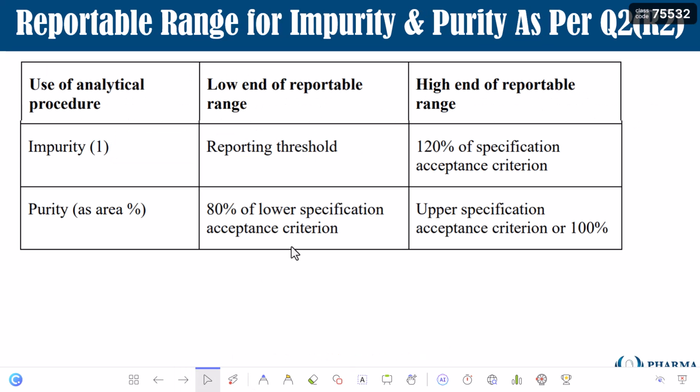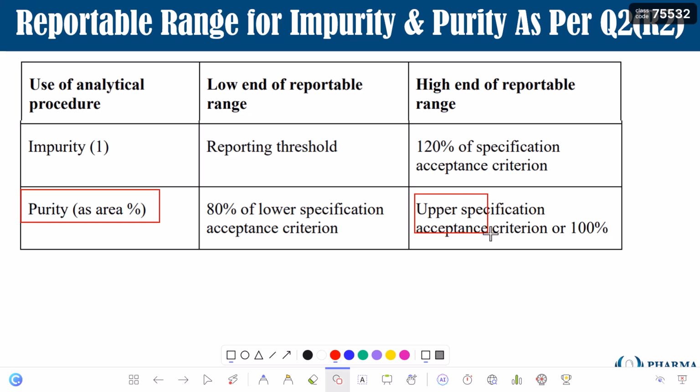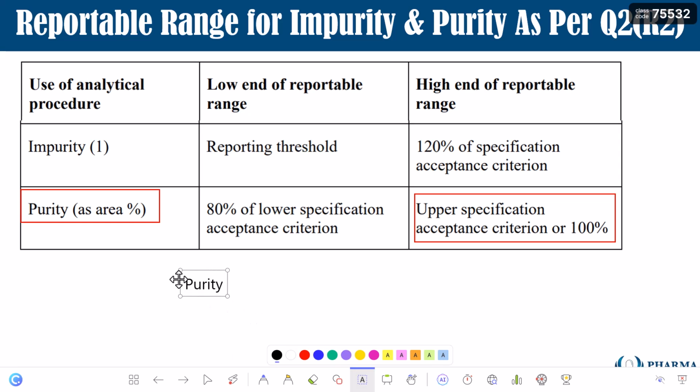Let us now understand the exact topic of discussion today. This is the same table I have considered for explanation. In case of the purity as percent area, our high end of the reportable range is just equal to upper specification or 100%. Let us assume you are calculating the purity of a compound and your limit is maybe 98 to 100% on percent area basis.